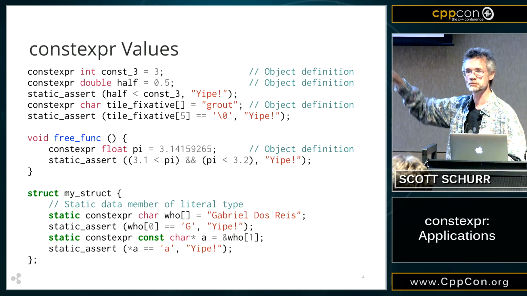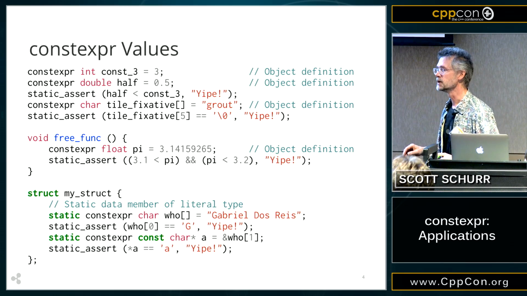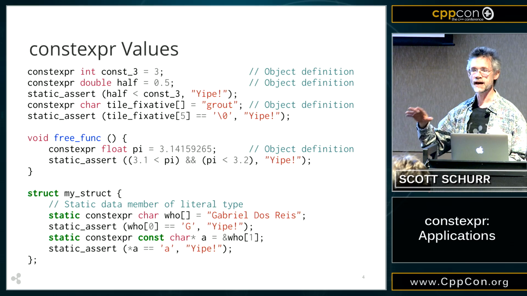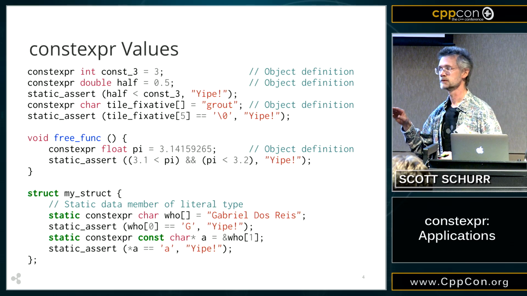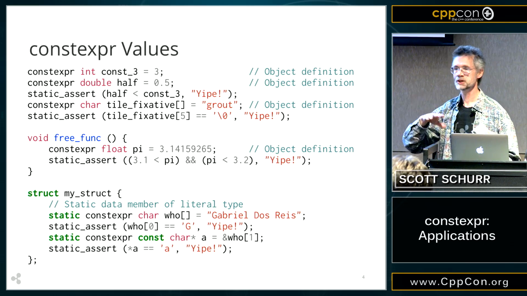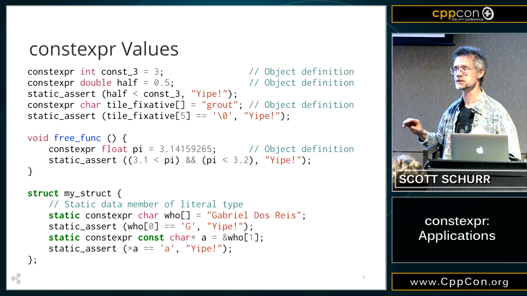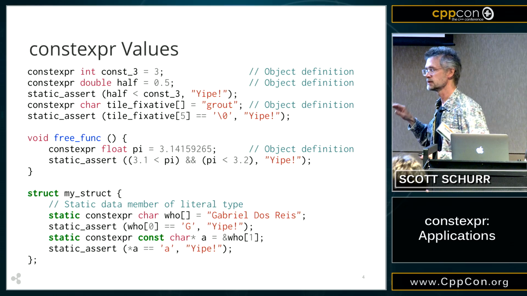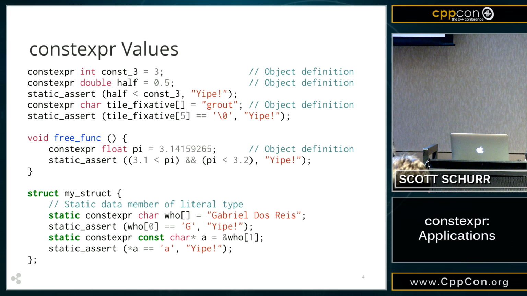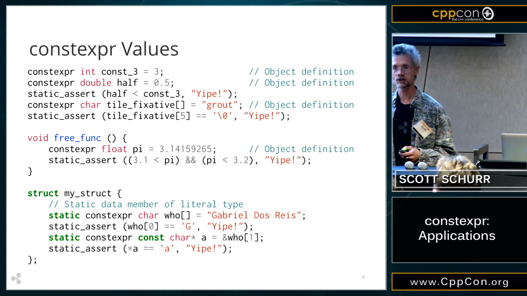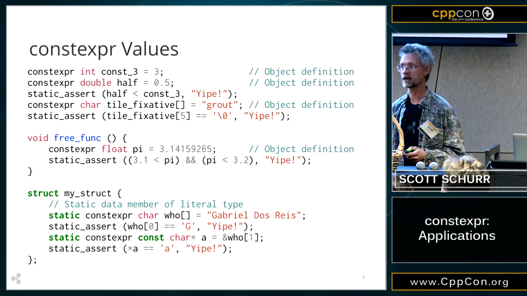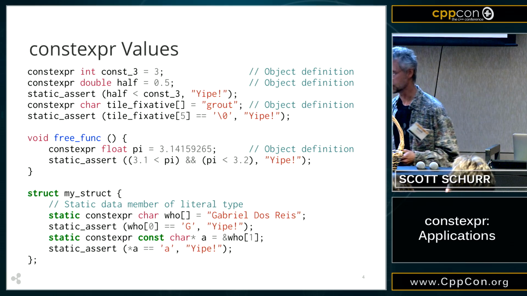So those are all valid places to use the constexpr keyword. What you get out of that is a value. If you use the constexpr keyword in those kinds of situations, you have a value that is known at compile time. Okay, does that surprise anybody here? Am I going too fast? Cool.